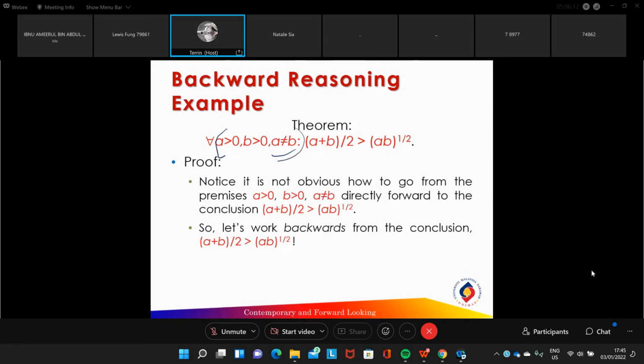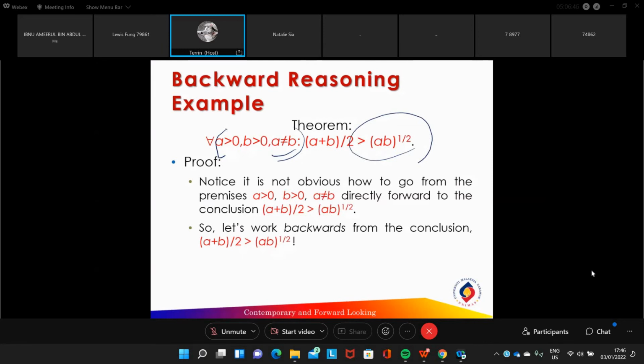So we say that this is a non-negative integer, right? a is greater than 0, b is greater than 0, they're not negative. So we say that for any non-negative integers a and b, and now a not equal to b means they are distinct. So we say for every distinct non-negative integers a and b, (a + b)/2 is always greater than (ab)^(1/2), right?